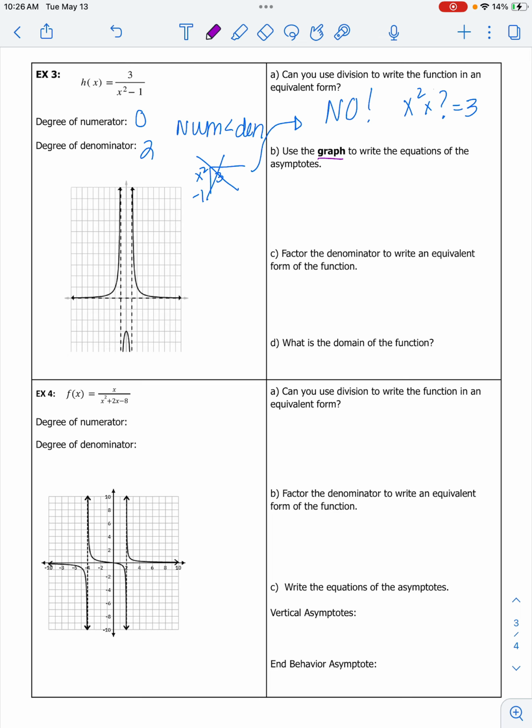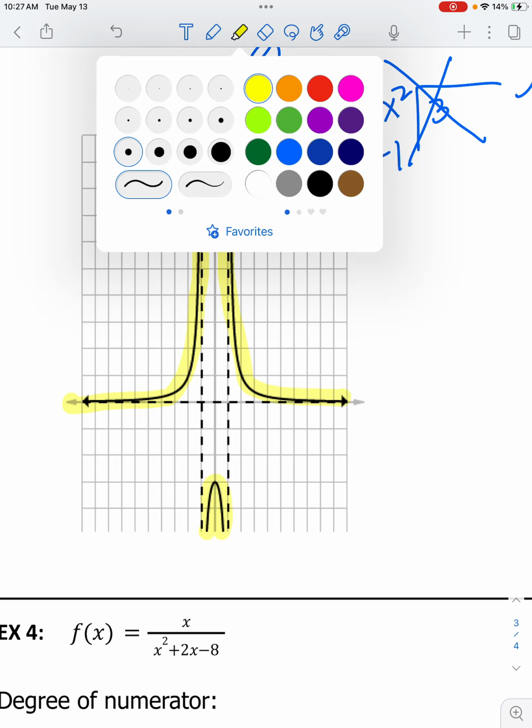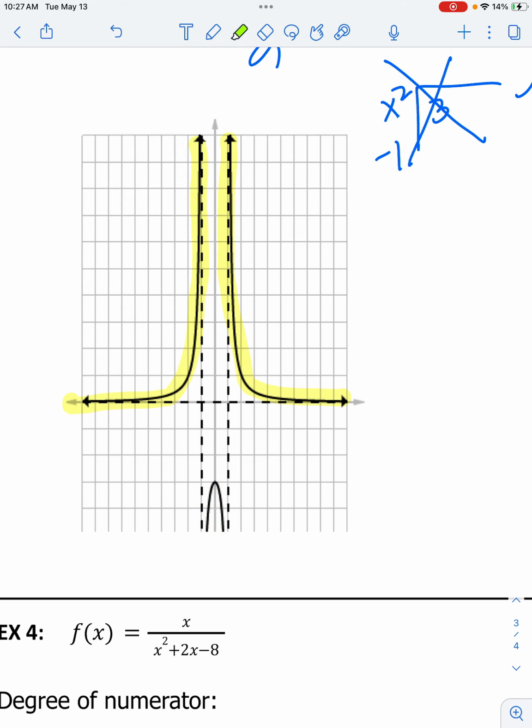As you can see, if I zoom in here, we have 3 lines showing up. We have the left side, we have the right side, and we have the middle. That is because we end up having two vertical asymptotes. We have the dotted line here at x equals -1, and we also have the dotted line here at x equals +1.